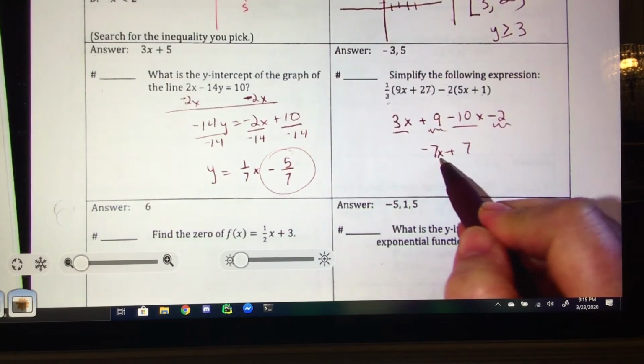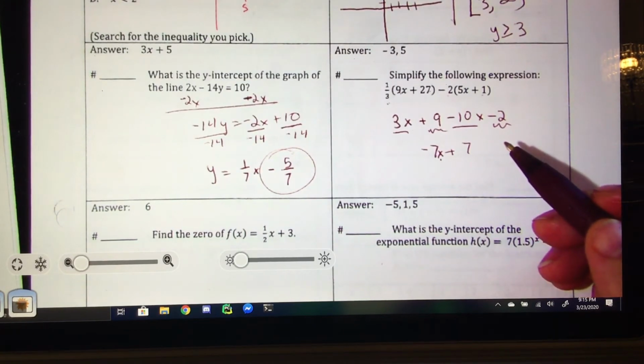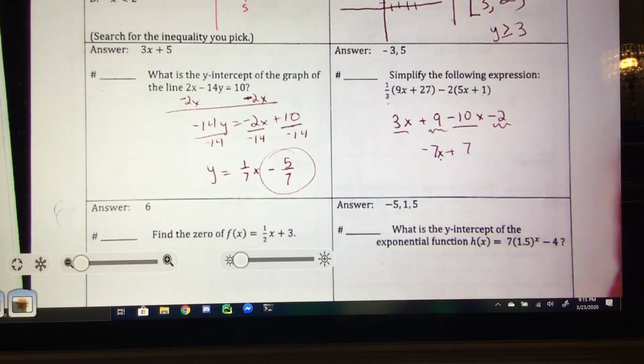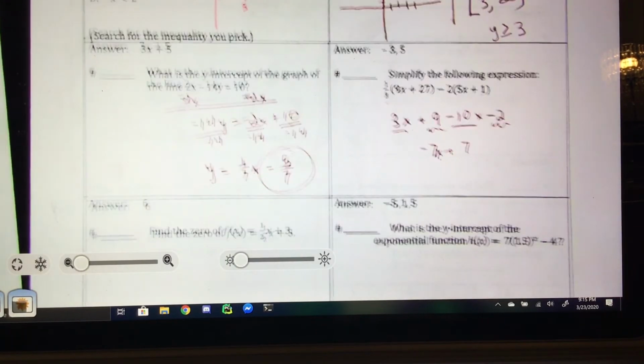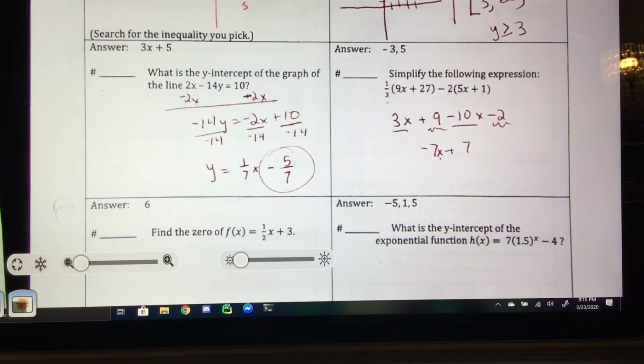Okay, so what I was trying to say is don't forget to put in the little x there. So negative 7x plus 7. I think there is an answer somewhere on here. I'm just looking through them really quickly because it's not as intuitive to know what you're supposed to do there, because for me, I would think I was done.